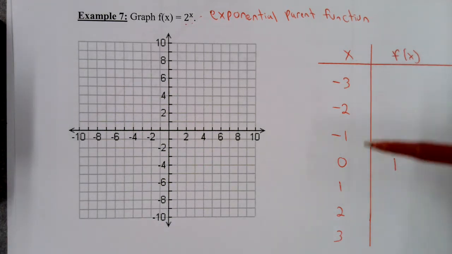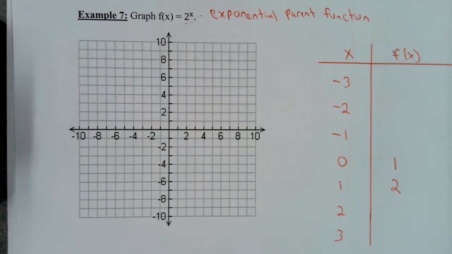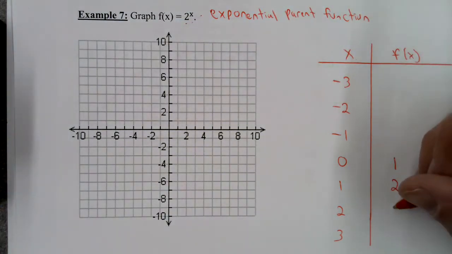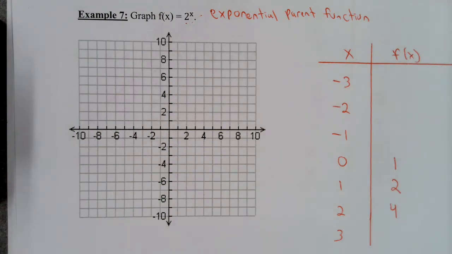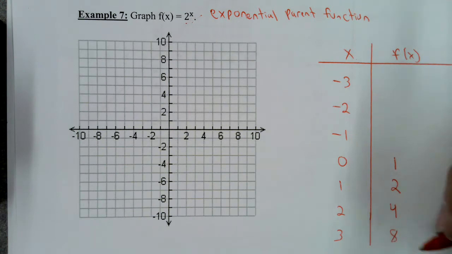The next one, when x is 1, 2 to the first power is 2. That one's easy. When x is 2, 2 to the second power is 4. When x is 3, 2 to the third power is 8.